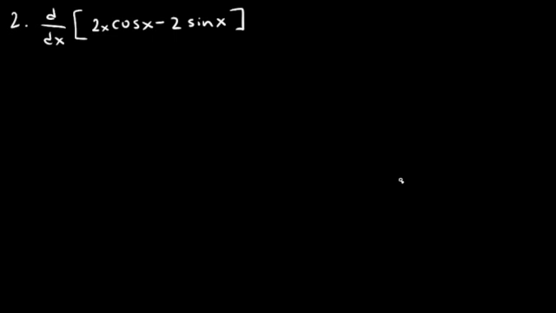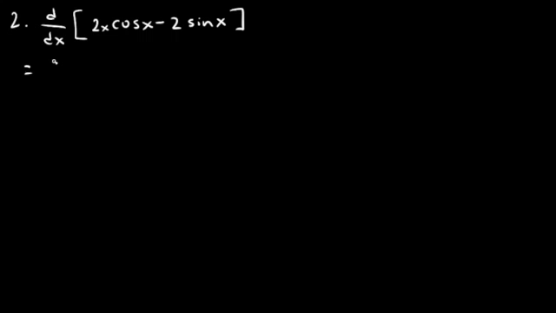Let's move on to another example of product rule. This one is entirely trig, so just make sure you know your trig derivatives. The only part where we have a product is 2x cosine x, because when it's just 2 without a variable, we can just leave that as it is, and we don't have to do anything.